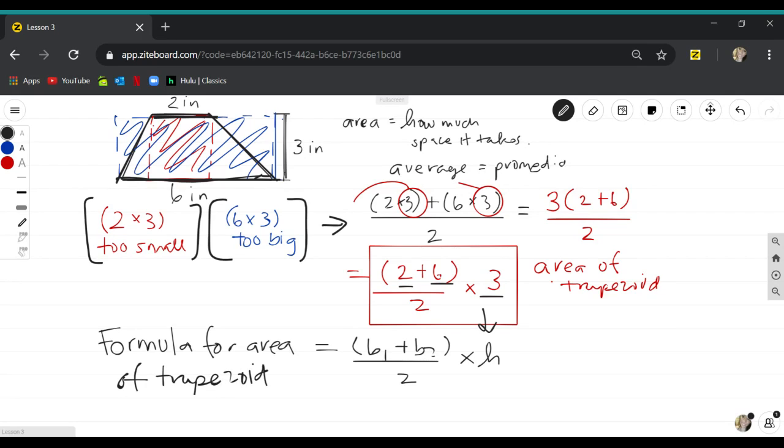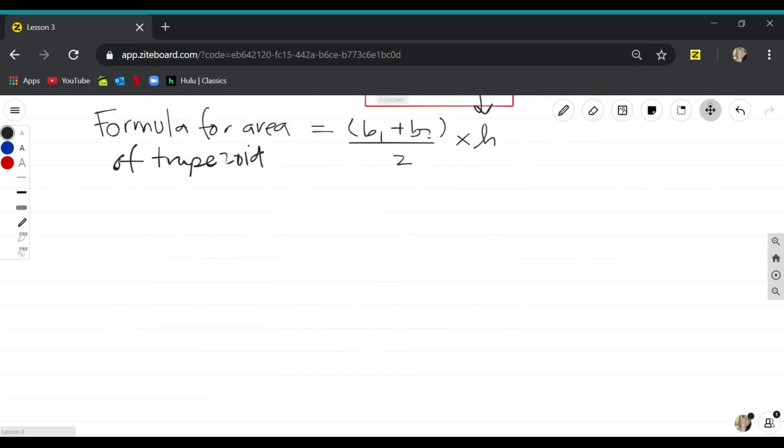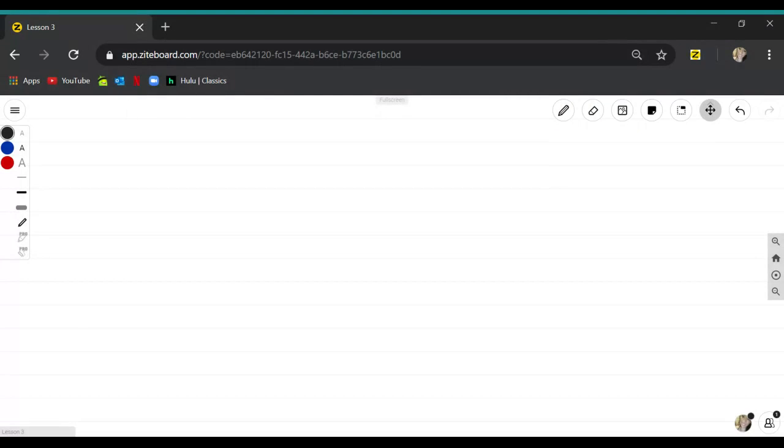Okay, so let's go ahead and do an example here on the bottom. How about I take this out and I can show you the example.